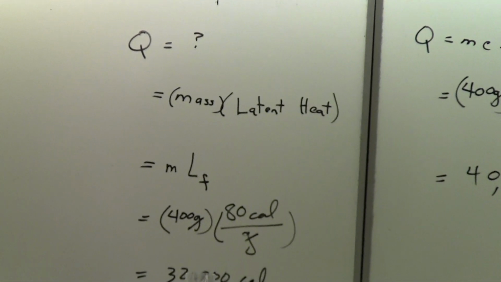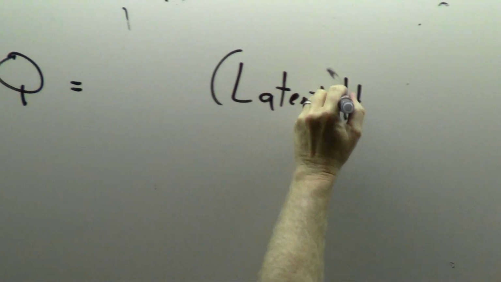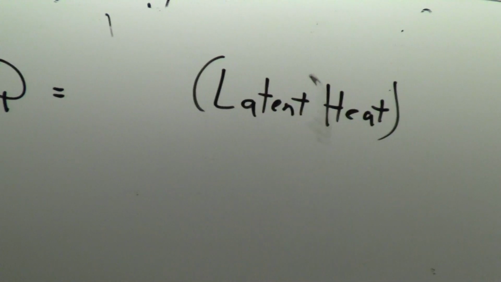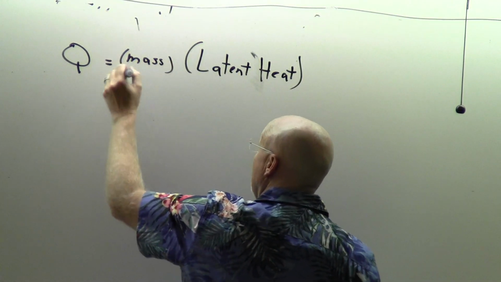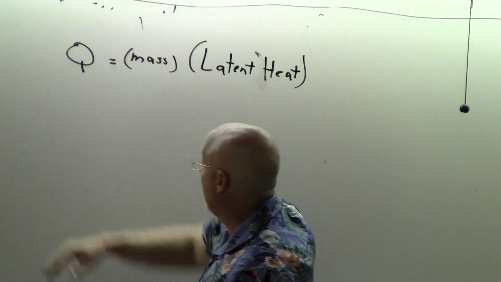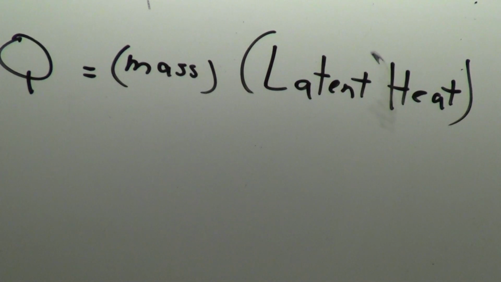I have then the idea of this latent heat. And the latent heat is really telling me how much energy per gram. So I need to multiply it by how many grams I have in order to figure out how much energy has to go into that, in this case, the beaker of water.